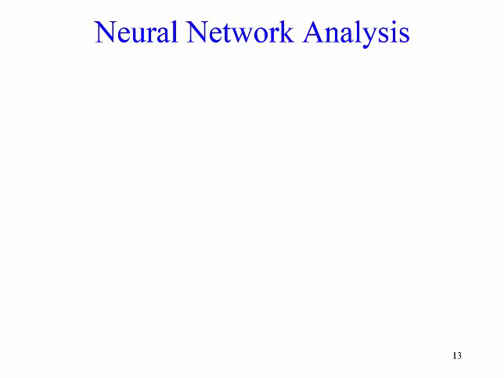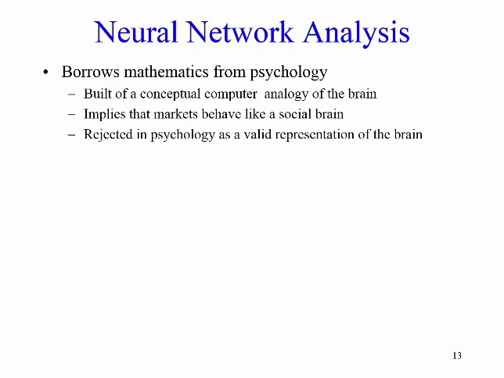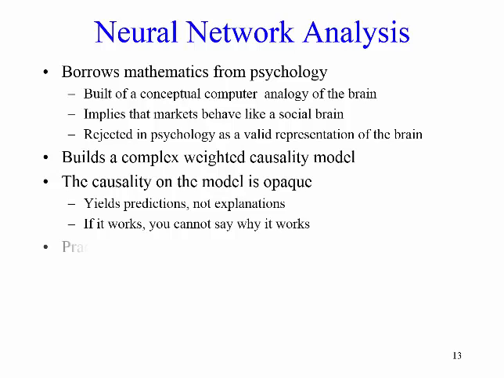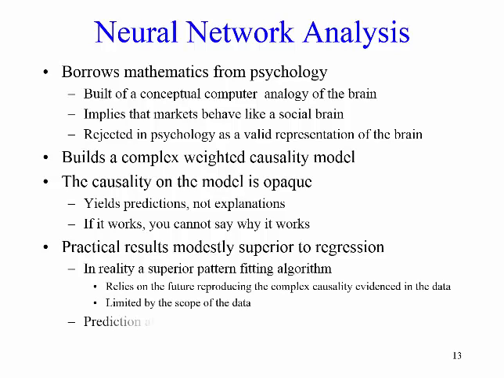A completely different approach to understanding the patterns that exist in complex data is the use of neural networks. Neural networks are derived from psychology, where they use mathematical algorithms to parallel the behavior of the human brain. It really implies that in some ways markets behave like some sort of a social brain.